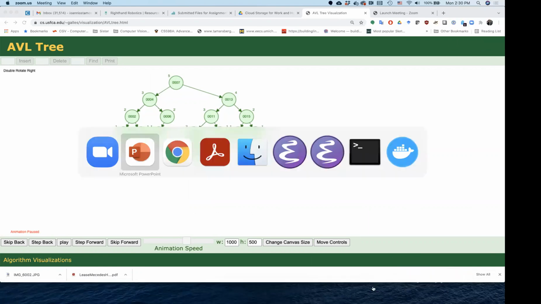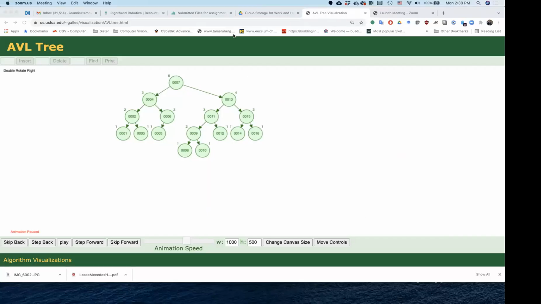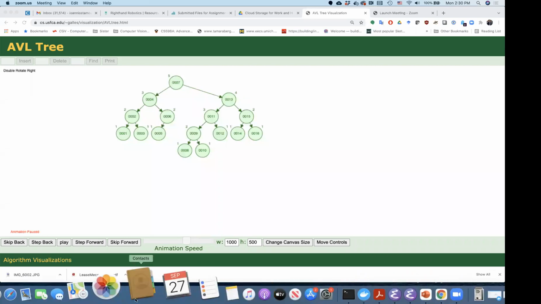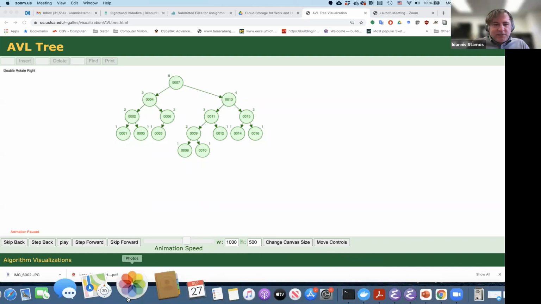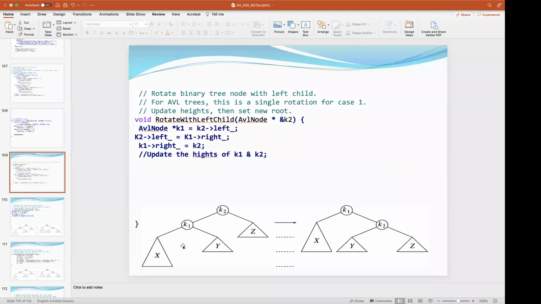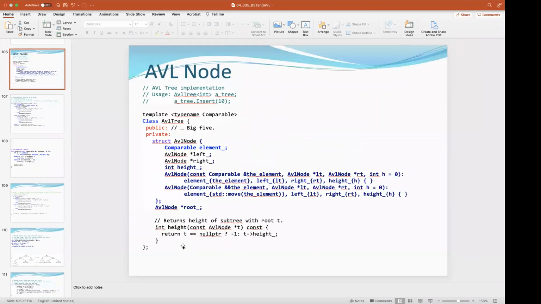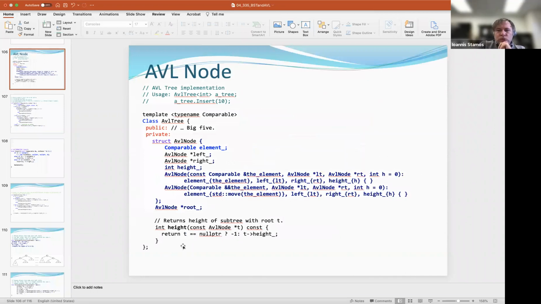I have a quick one about the struct. When you created a binary node, you didn't have a zero parameter constructor. Is that just there by default, so you didn't have to write it? Let me go to this. Actually, if you see the code, I don't think you call any zero parameter constructor for the AVL node.